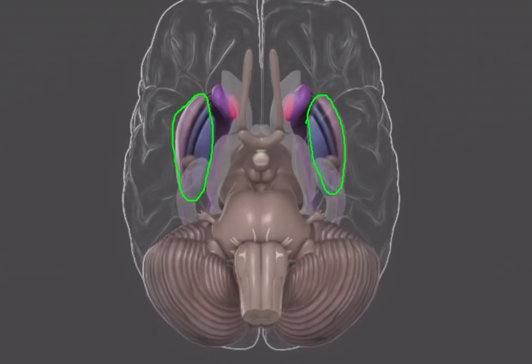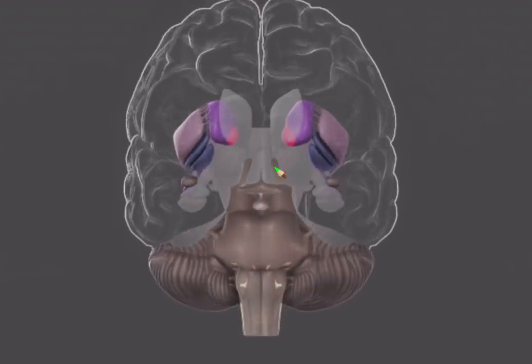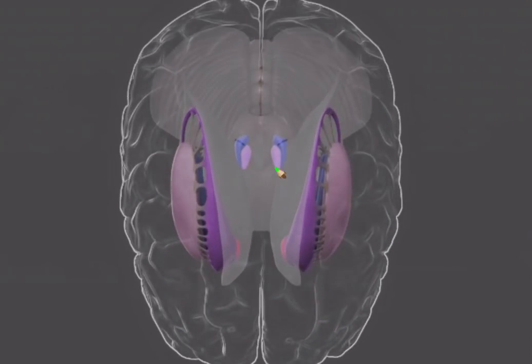So there are two lentiform nuclei, and the internal capsule separates the lentiform nucleus, this chunk, from the caudate anteriorly. So I'm going to use blue to represent the internal capsule, and we can think of it running in and out of the screen here.